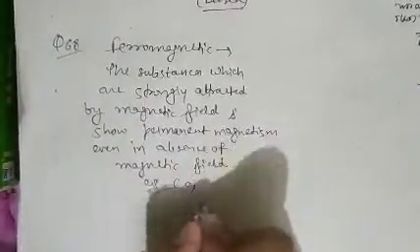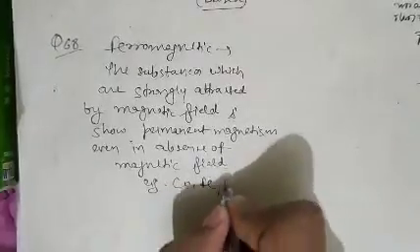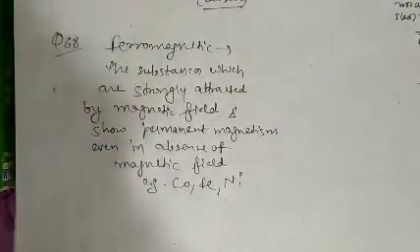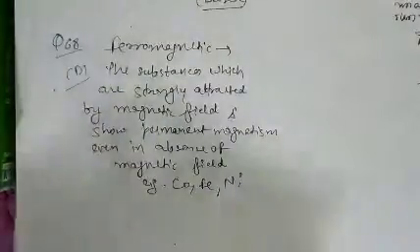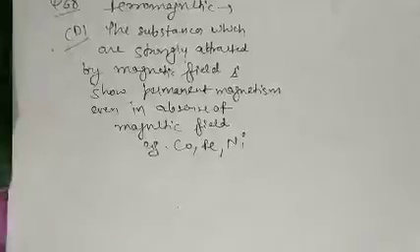Examples are cobalt, iron and nickel. So question number 68, option D is correct. Cobalt is ferromagnetic.